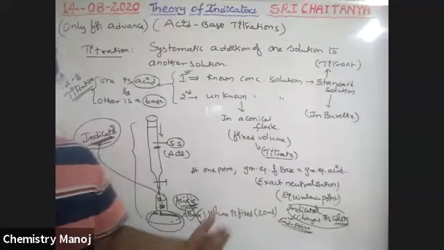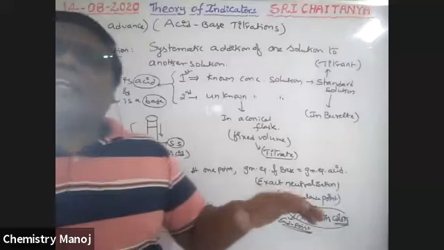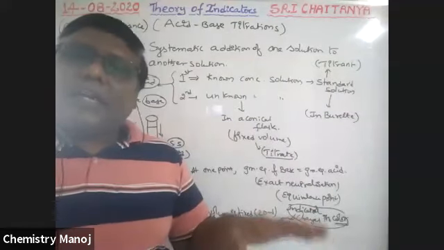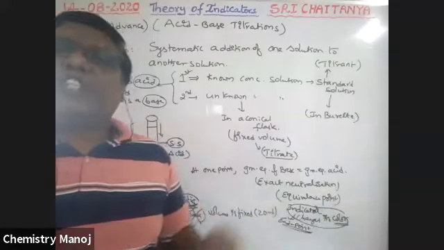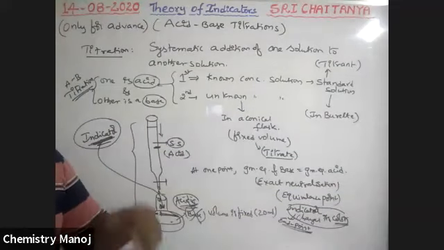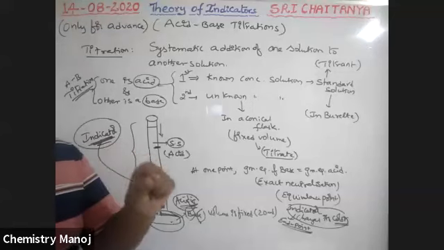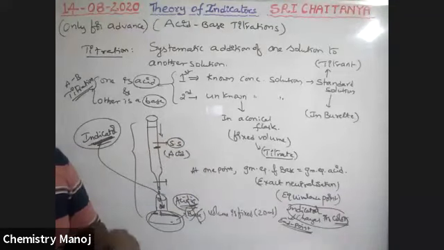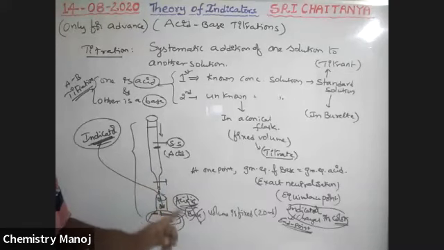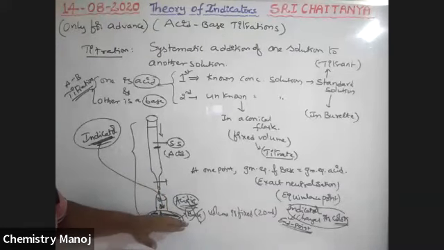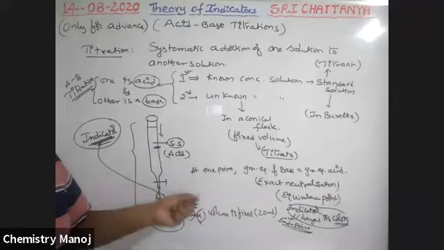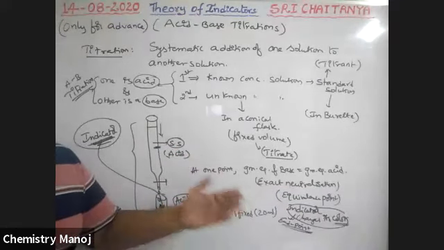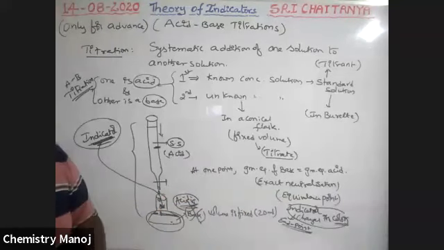End point means where the indicator color is changed, where the color of the solution is changed. Is the end point equal to the equivalence point? The color is changed after the equivalence is reached, only when one extra drop is added, because the basic nature changes to acidic nature or acidic nature changes to basic nature.